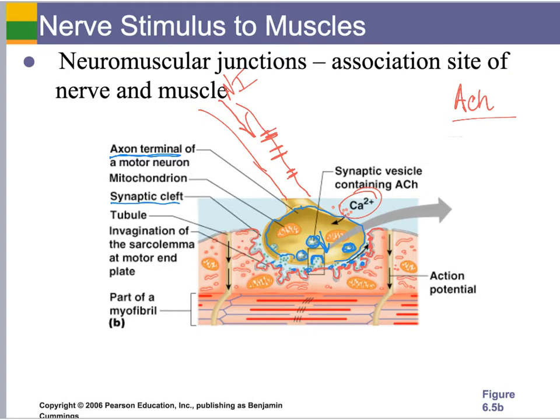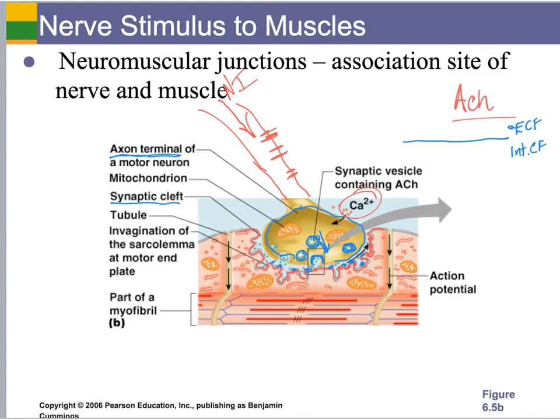So this is the sarcolemma, this is the ECF, the extracellular fluid, and this is intracellular.